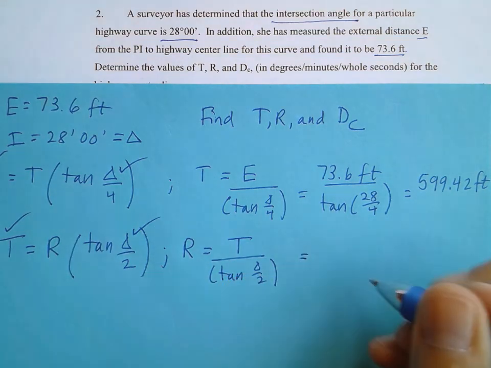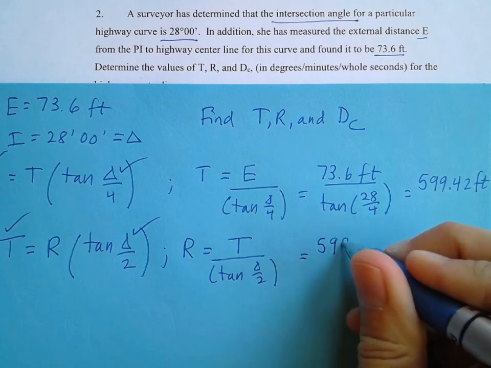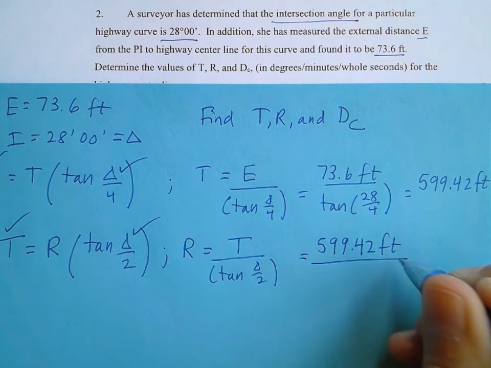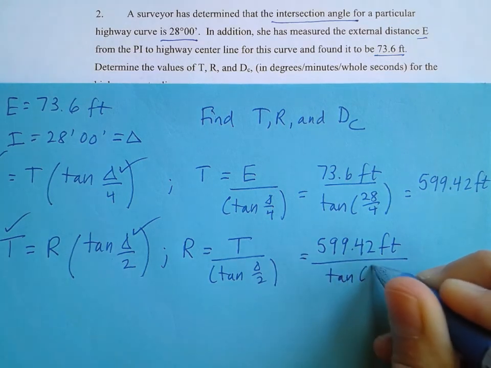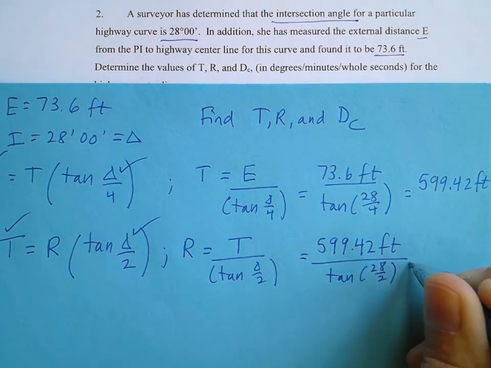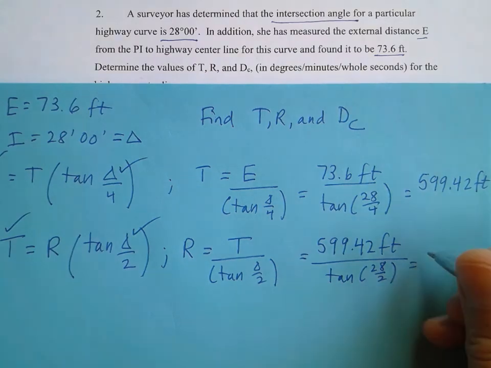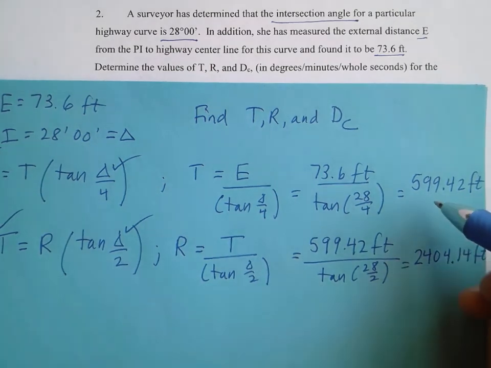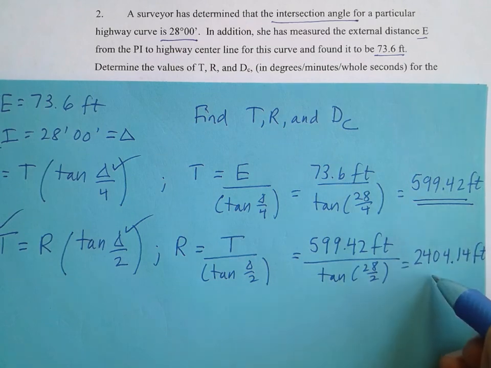And so we'll plug our T value in that we arrived at using the first formula, 599.42 feet over the tangent of 28 over 2. And putting that into the calculator gives us 2,404.14 feet. All right, so we've gotten a value for T, we've gotten a value for R.